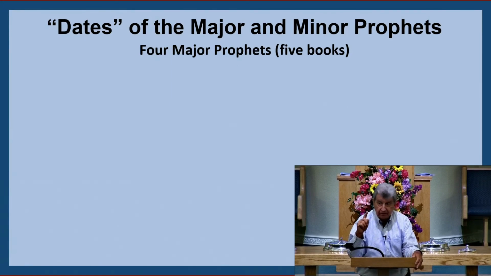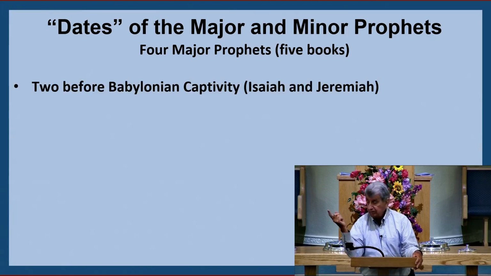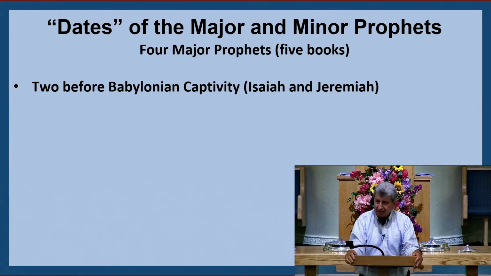Obviously, Isaiah did, because 200 years before the birth of Cyrus, he talked about Cyrus. And then Jeremiah lives during that very time before the final fall of the city of Jerusalem.